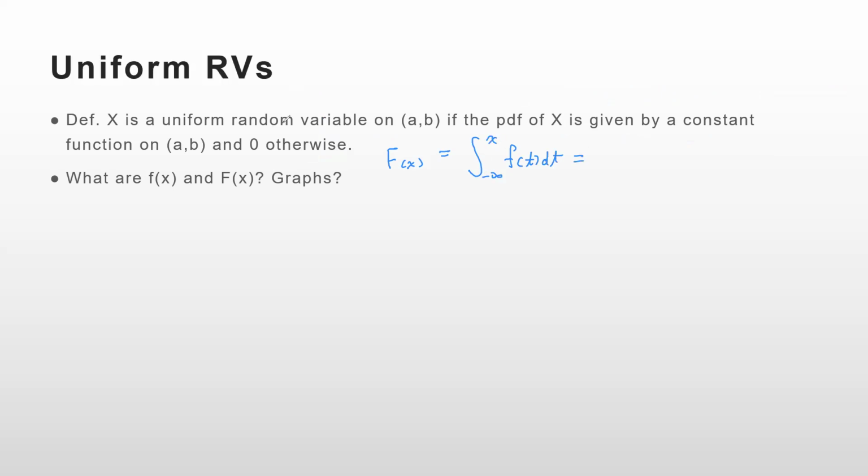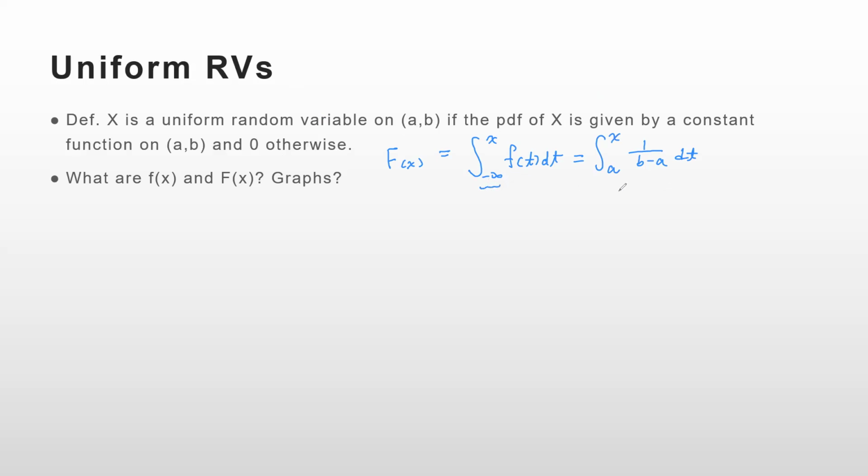And then assuming the density f(t) is c on the interval (a, b), when we plug in 1 over (b minus a), we need to be very careful about the lower limit, which is actually a, and the upper limit, which is x. Okay, so be careful here.